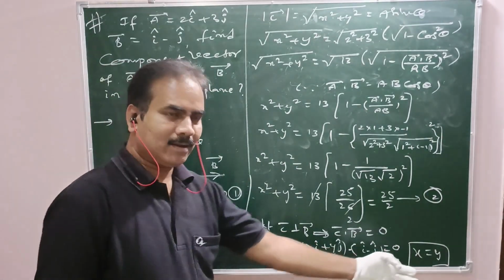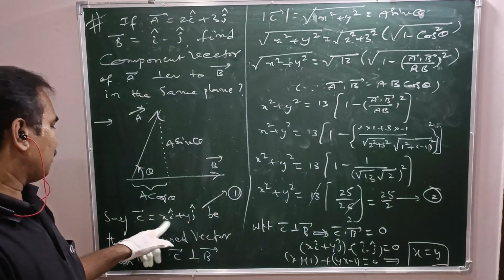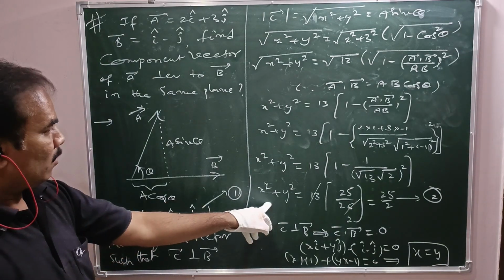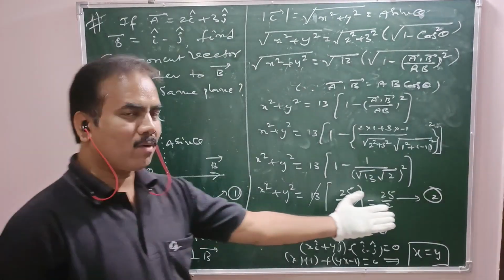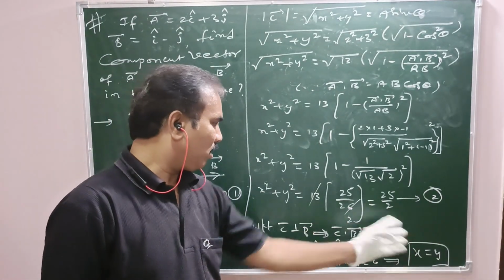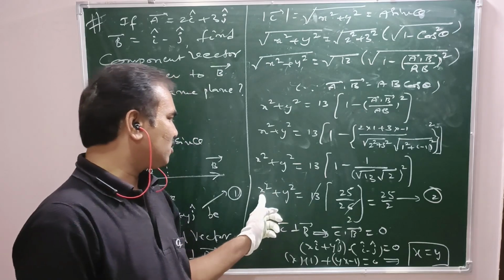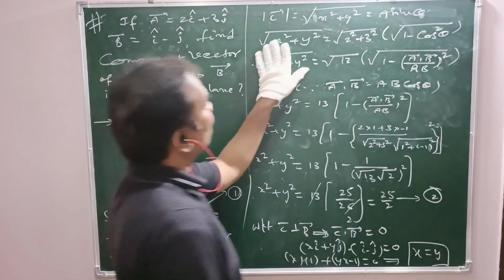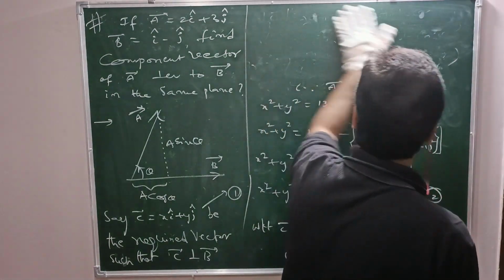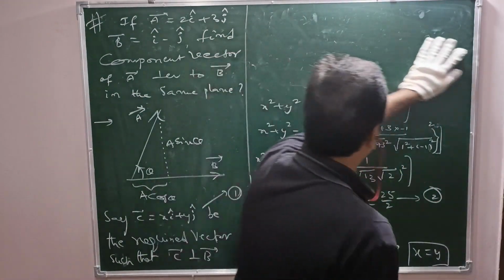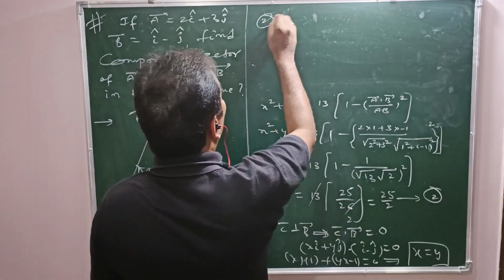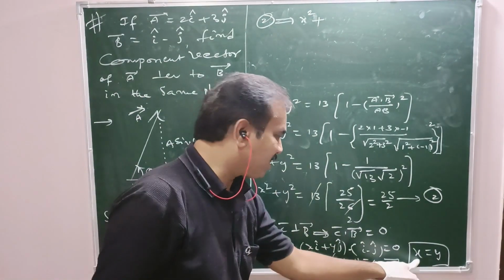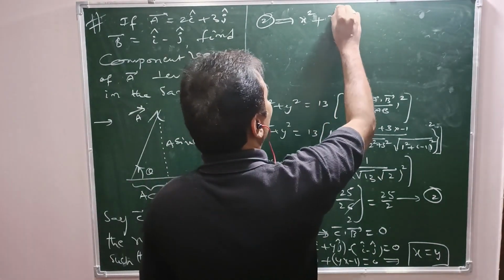Means x and y are the same components of equal magnitude. So here, from 2, we have x square plus y square equals 25 by 2. Now both x and y are one and the same, so replace y with x.